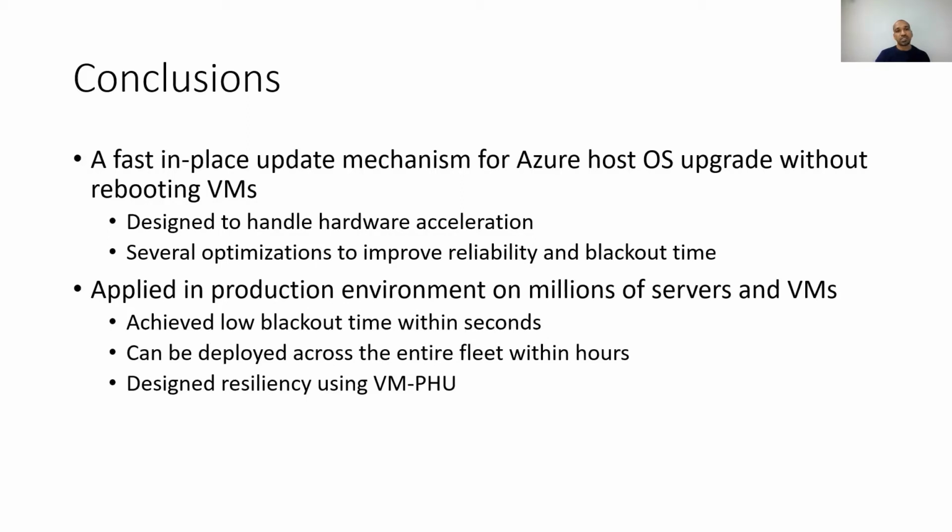We applied our techniques in a large-scale public cloud with millions of servers and VMs. We achieved low blackout time. We applied the technique to several 0-day cases such as Spectre and Meltdown, and deployed across the entire fleet within few hours. We designed resiliency using VM-foo to balance the risk of regressions with fast rollouts.